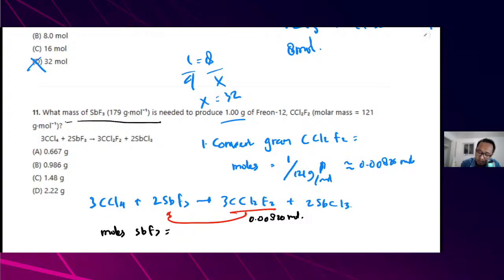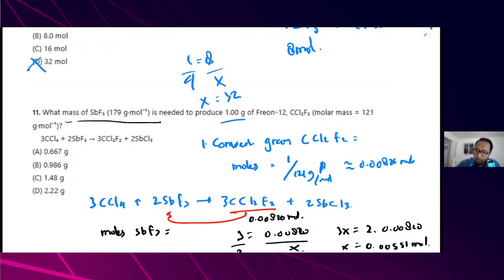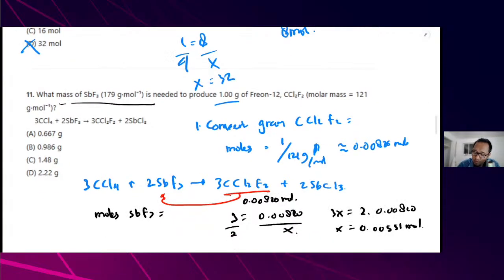Like I mentioned, if 3 produce 0.00826, how about if 2? So we get 3x equals 2 times 0.00826, and we end up with around 0.00551 mole.